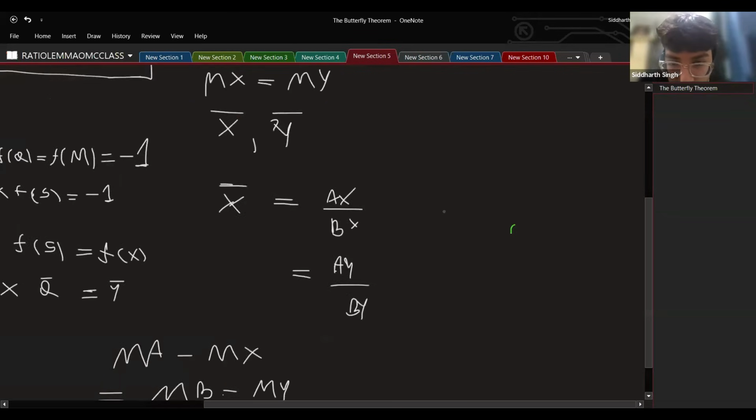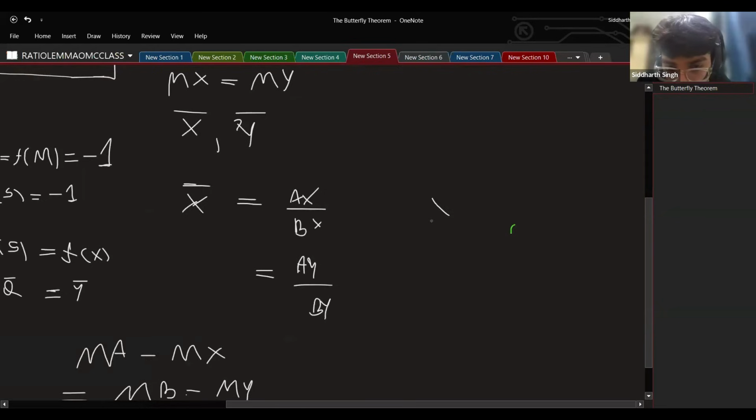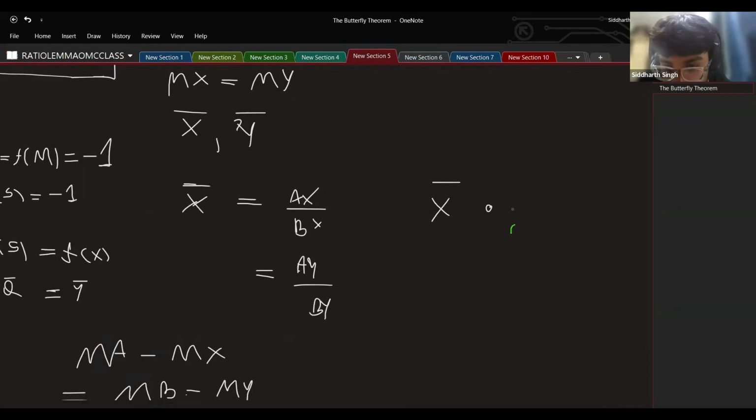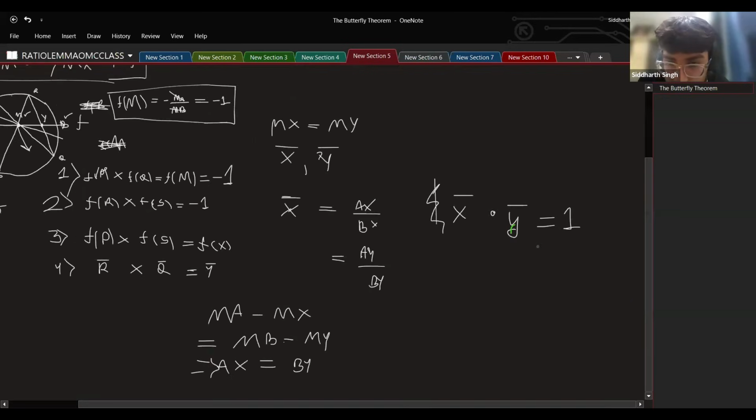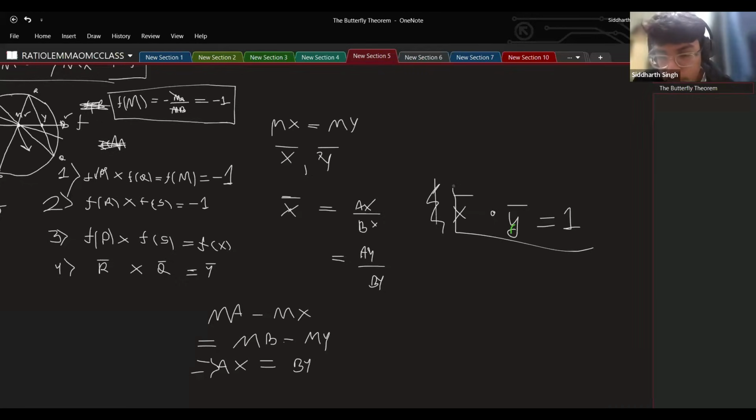So we just want to prove x bar into y bar is equal to 1, right? The mod value is 1. Wait, we don't even need the mod value. x bar into y bar is equal to 1. So we reverse engineered the problem and found that we just have to prove x bar into y bar is equal to 1.